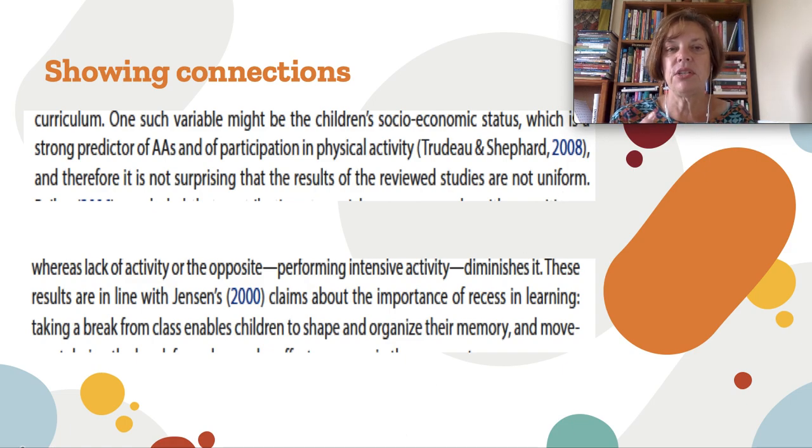So here what they're doing is they're linking one sentence from a particular source and then expanding that to a number of sources. So they're showing connections between one source and a synthesis of other sources. And again, they're drawing a conclusion, which is a critical conclusion. It's not surprising that the results of the reviewed studies are not uniform.